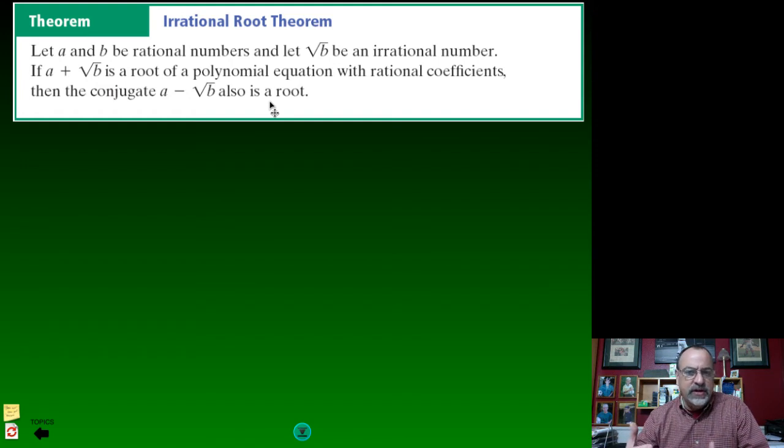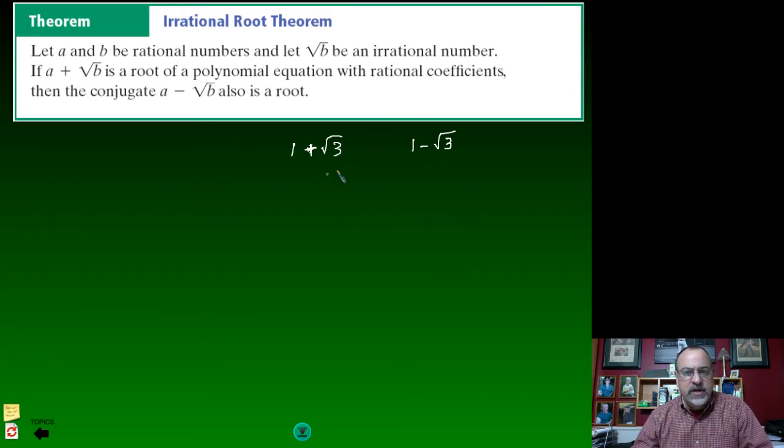Well, with irrational numbers, we change the sign of that irrational part. Meaning, if I know that 1 plus the square root of 3 is a zero, or a root of a function, then 1 minus the square root of 3 must also be a root of the function.